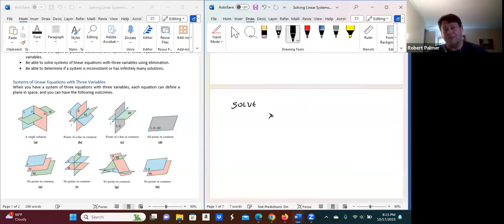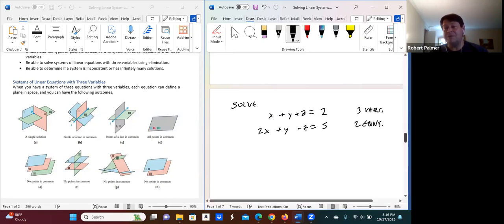This time, instead of having three equations, we have two equations: x plus y plus z is equal to 2, and 2x plus y minus z is equal to 5. Obviously, we have three variables, but two equations.